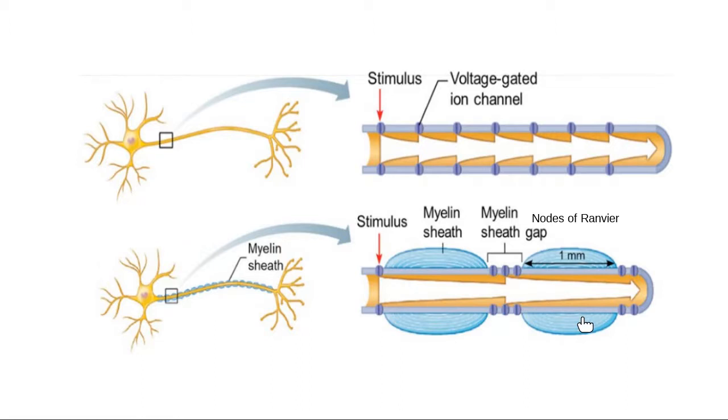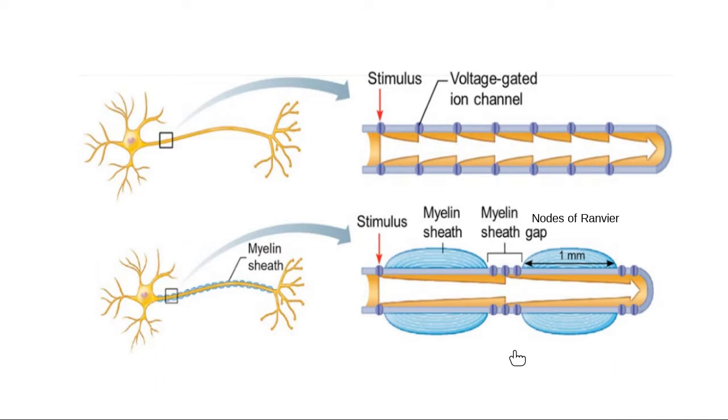Audrey asked an important question: whether or not all neurons have a myelin sheath. The answer is no, not all neurons do. As we move into lesson number 11 about the brain, you will see that the brain has white matter and gray matter, and that has to do with the amount of myelin it has.